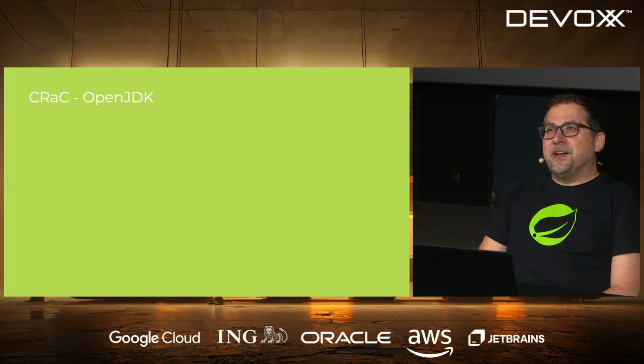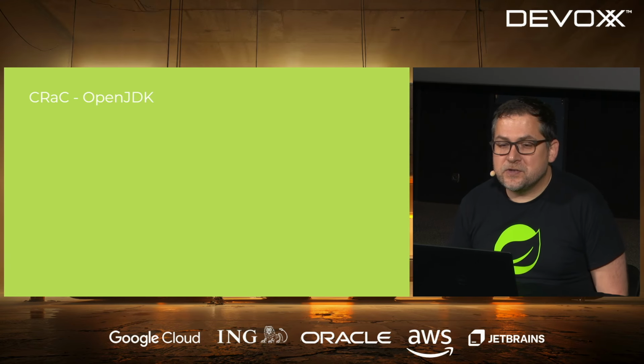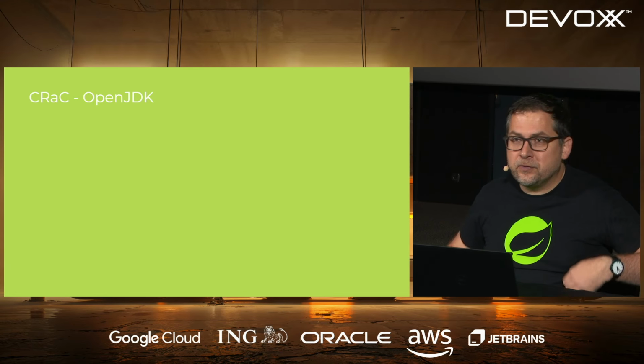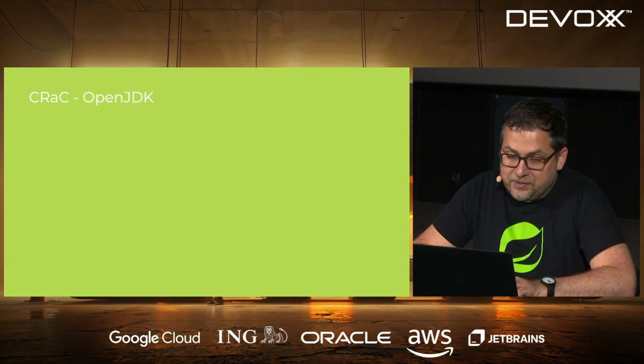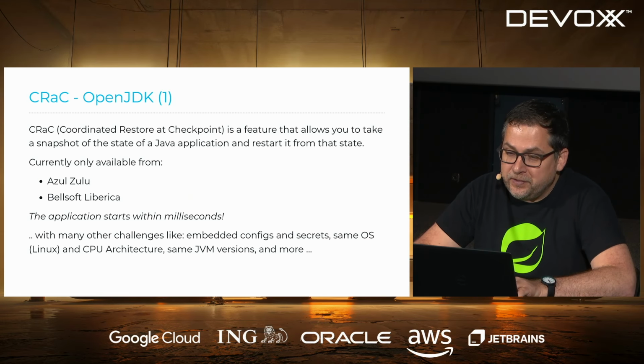There is another thing I don't want to miss, which is also a very nice feature, called CRaC, and you probably heard of it. CRaC, which is Coordinated Restore at Checkpoint, is basically a feature you get from certain vendors out there. Not all of them actually support that, because it's an additional feature.